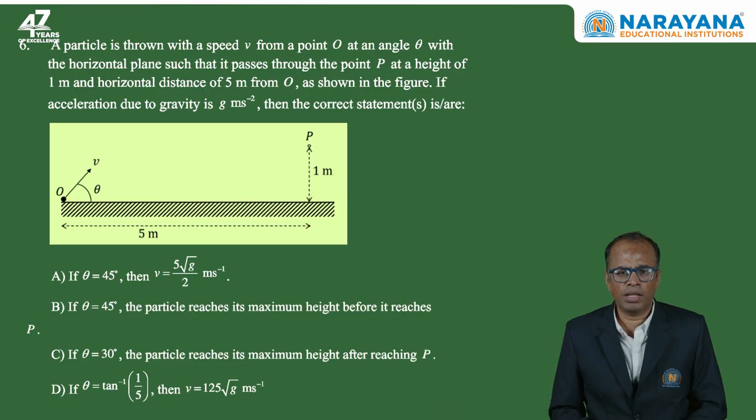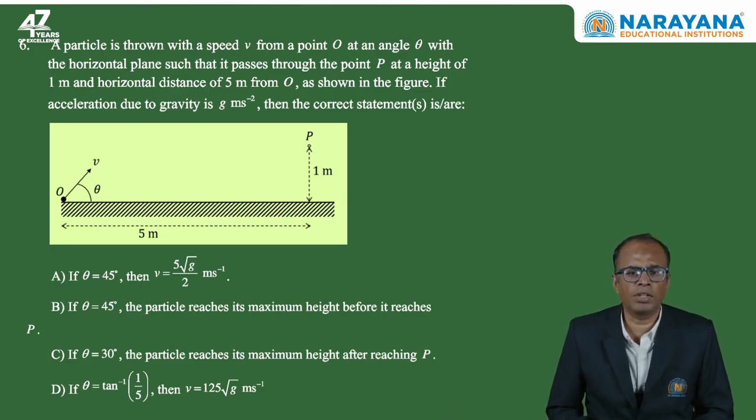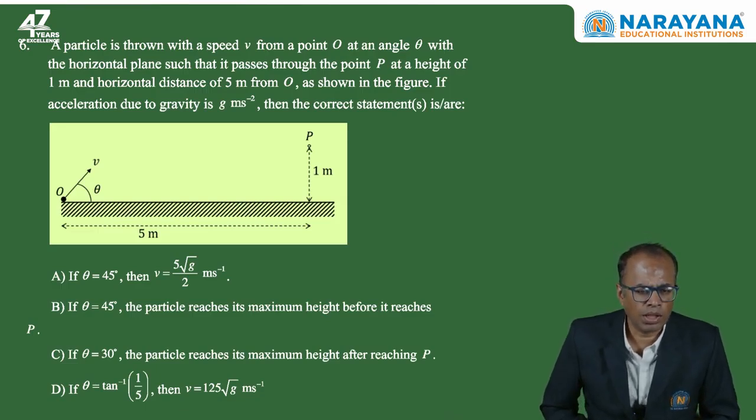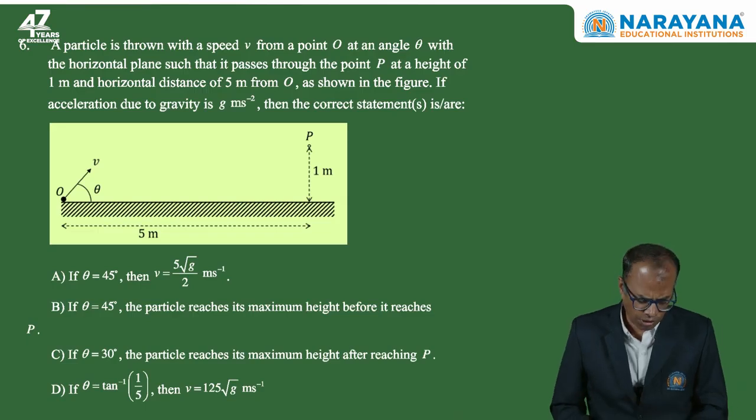So I feel like I need to write the equation of trajectory. Anyways, let me read it first. If the acceleration due to gravity is g meter per second square, I need to find the correct statement. It is asking that if the angle of projection theta is 45 degree, then the speed is this.